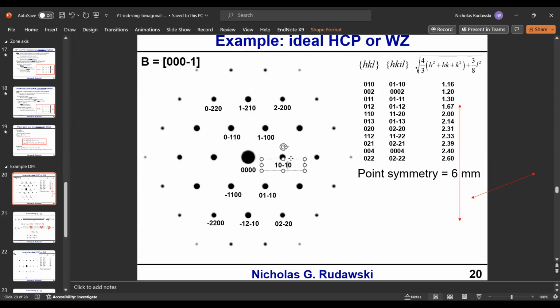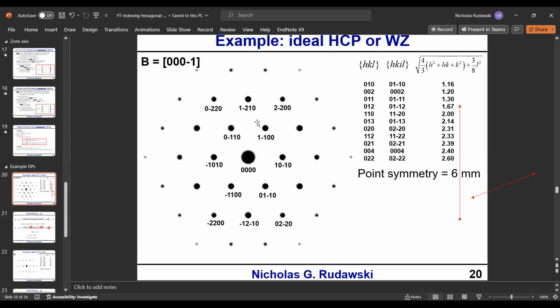We'll do just a couple more of these. This is 1 bar, 0, 1, 0. Now notice all 6 of these closest spots are equidistant. They should be the same family, and they are. These are all in the 0, 1, 1 bar 0 family.